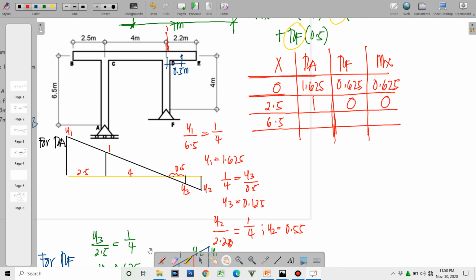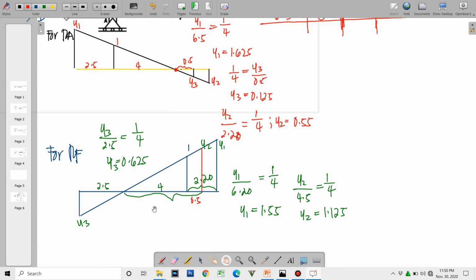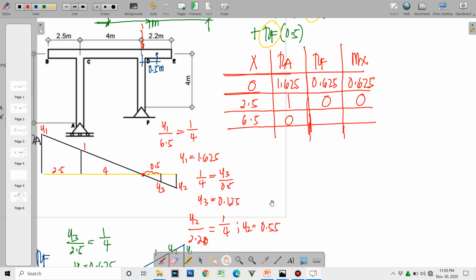Is 0. Here it is, the value is 0. And for RF, our value is equal to 1. So we calculate, then we yield to a moment of 0.